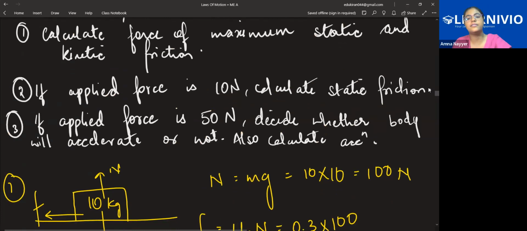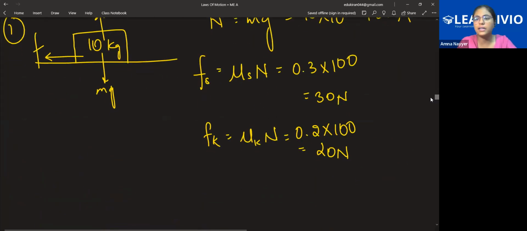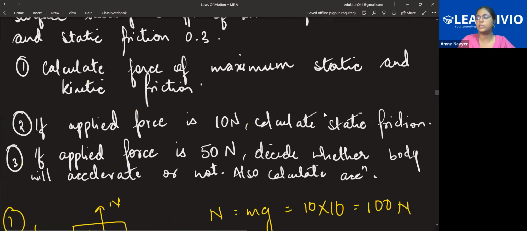Second portion says if applied force is 10 Newton, then we have to find out the static friction. Now see, applied force in class, this part, you don't even need to solve here. If I'm pushing this and this is 10 Newton, and I have to calculate the static friction. Static friction is self-adjusting. This is the property which we studied in the last class.